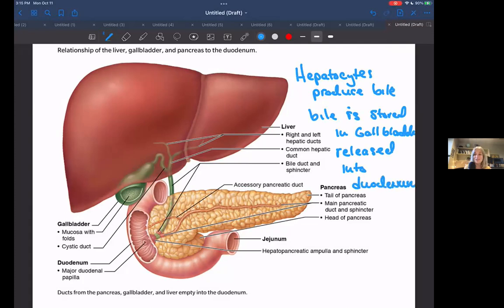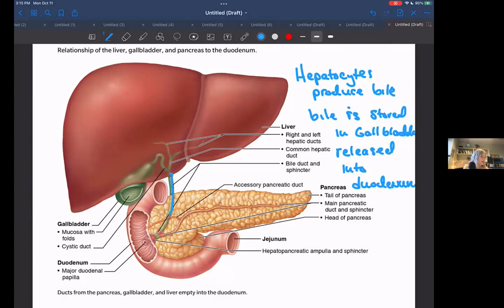So here you can see it's green. Bile does kind of have a green tint. It also has pigments in it. For example, bilirubin is a pigment that is found in bile, and it's one of the pigments that causes the brown coloration of feces. So here we can see that it is released.